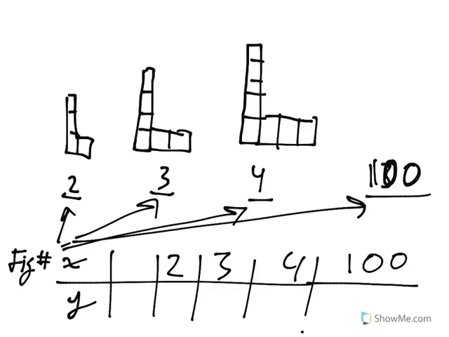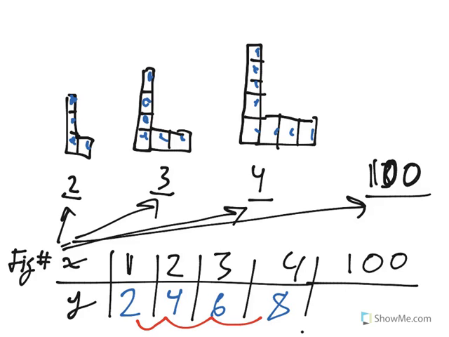So if we look at figure number 2, we have 1, 2, 3, 4. Figure number 3, you have 1, 2, 3, 4, 5, 6. Figure number 4, 1, 2, 3, 4, 5, 6, 7, 8. So we can actually see they're growing by 2. So we know that figure 1 is going to have 2 tiles because these are growing by 2's.